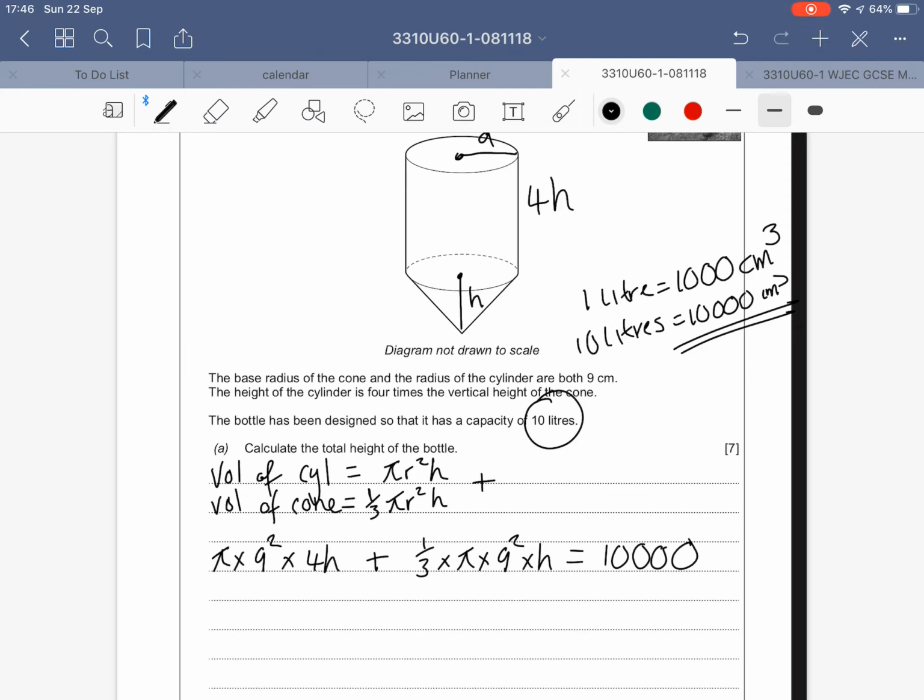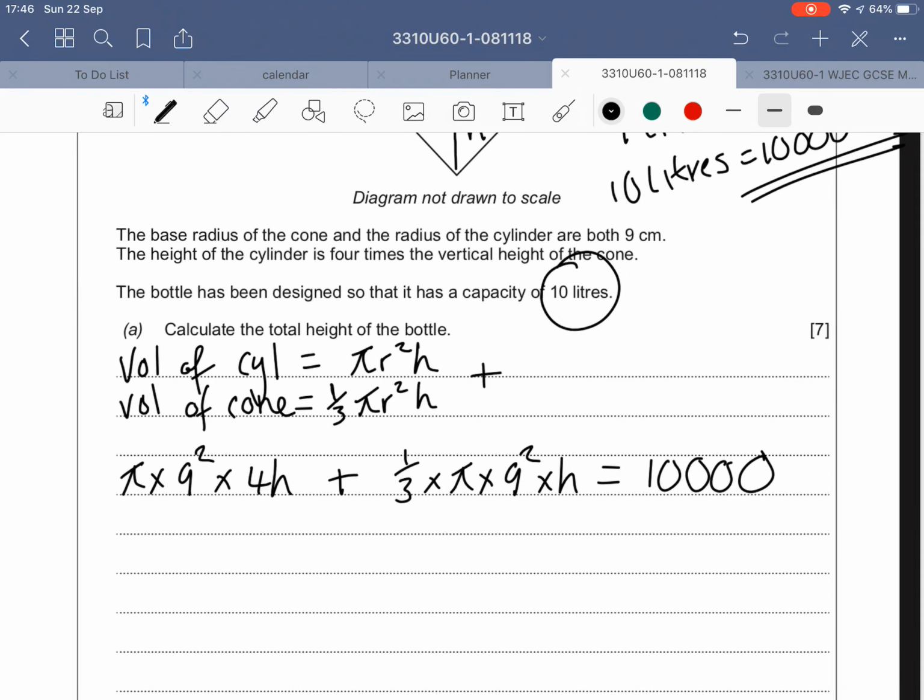You could literally just divide by everything now, and you'll end up with h. If you want to work them all out, so do pi times 9 squared times 4, that's fine. Or if you just want to do 10,000 divided by pi, divided by 9 squared, divided by 4, divided by a third, divided by pi, divided by 9 squared, that's also fine, whatever you want to do. I'll just lay it out for you.